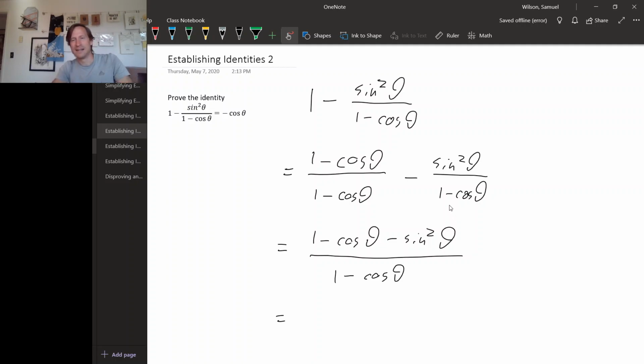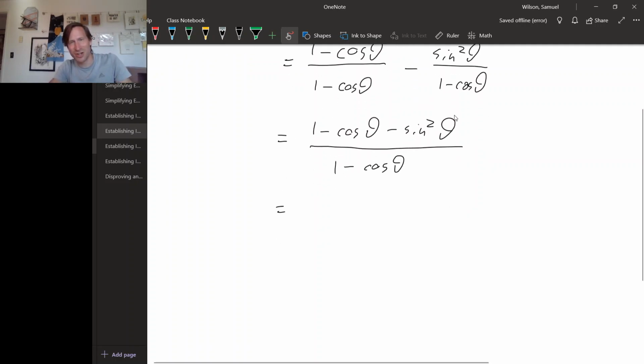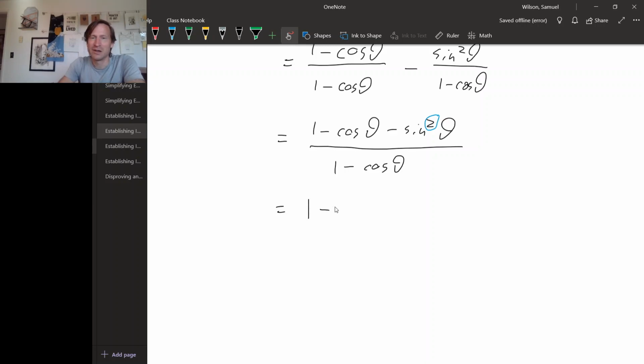All right. Kind of hard to know where to go from here, but we have a squared on our sine function, so why don't we try to turn this into cosine, I guess. 1 minus cosine theta minus, so the Pythagorean identity for sines and cosines looks like cosine squared theta plus sine squared theta equals 1.